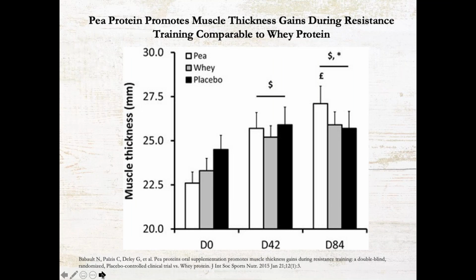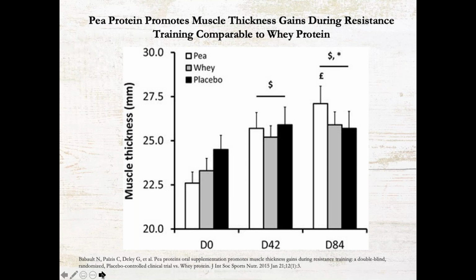Then we say, okay, we know that it can be delivered to the tissues and the organs that need the protein rapidly for better recovery. Well, how effective is it at actually stimulating lean body mass gains? Well, again, a real eye-opening study that's actually in the Journal of the International Society of Sports Nutrition, where focus on lean body mass gains and recovery are always front and center, compared pea protein in a peptide form to whey protein.